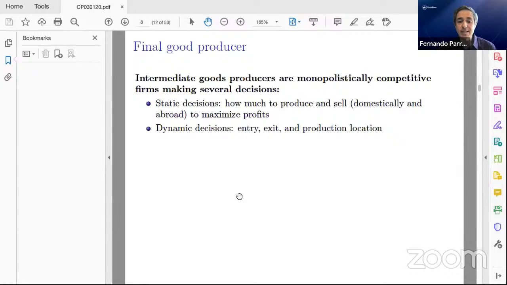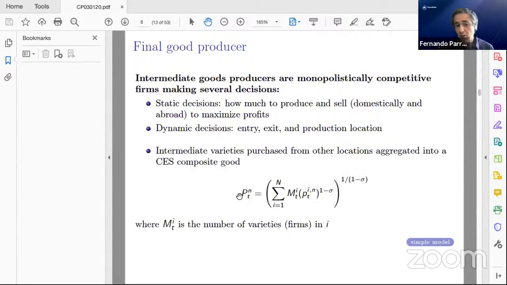And they're going to make dynamic decisions that I'm going to describe in a second on entry, exits, and production locations. So these intermediate goods are going to be aggregated into a composite CES that is going to pin down the price index in each location at each time t. And this price index is going to depend on the mass of firms producing in each location and the price of each variety, that is going to depend on factor prices shaped by the decisions of firms, households, and capitalists that I have been talking about.